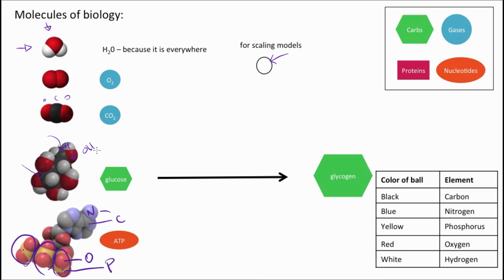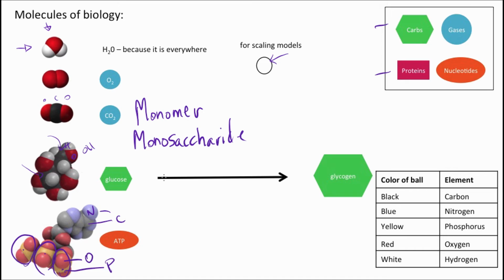Now, what typically happens, and I say typically, it always happens for glucose to glycogen, but in all of our classes of biological molecules, there is a monomer, and in this case, that monomer is a monosaccharide, and you add one glucose molecule to another glucose molecule, and you would get a disaccharide.